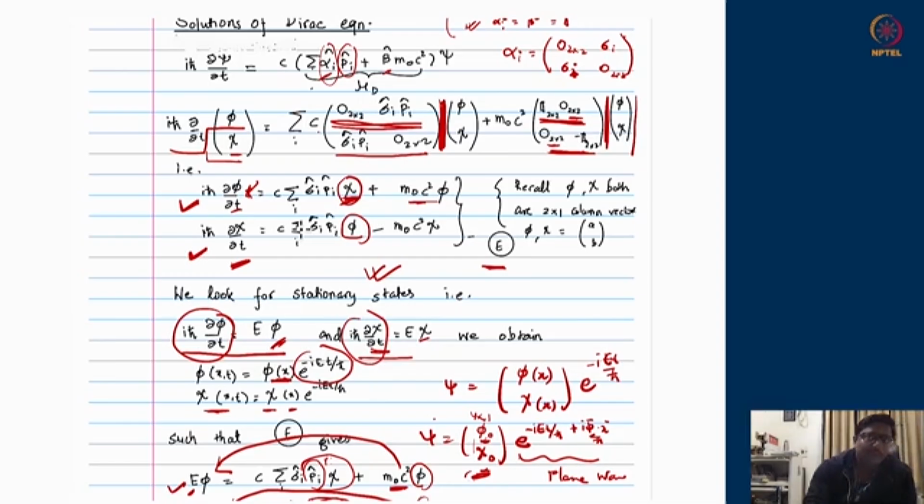This is what you might have seen in the Lagrangian approach as well. The Lagrangian equation of motion is a double derivative equation of motion.